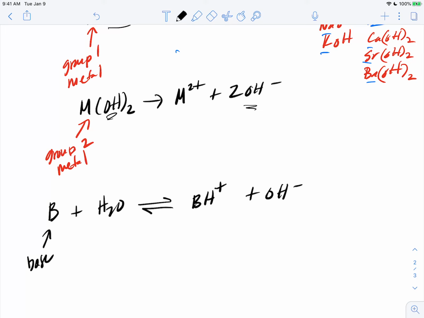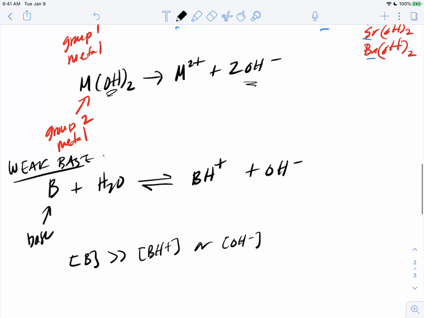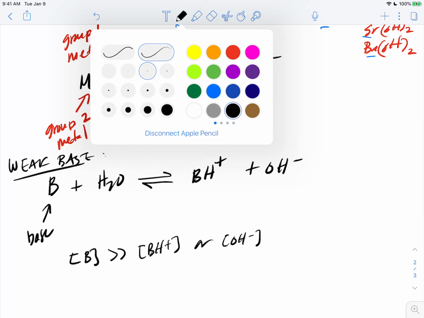So in a weak base, the concentration of our weak base is much, much larger than the concentration of the protonated base or of the hydroxide anion.